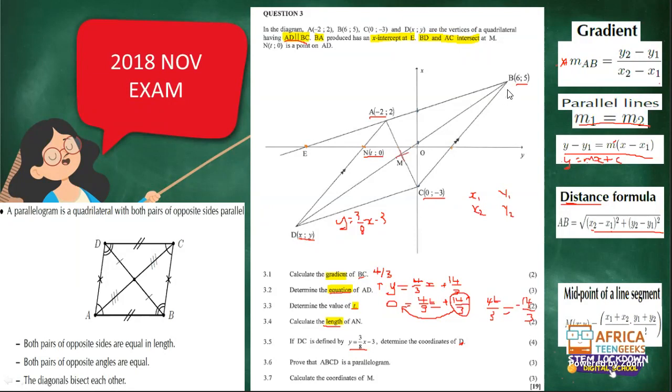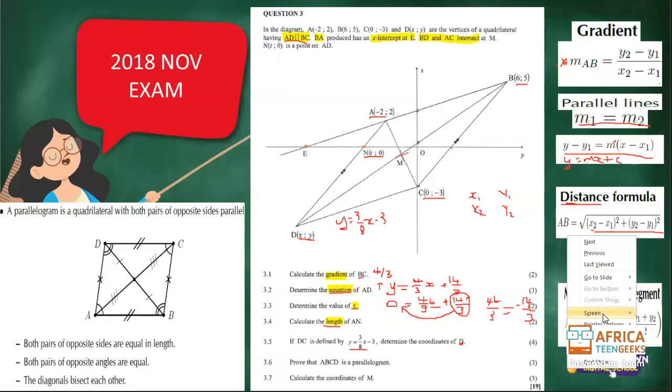Okay, so you would find the equation of BC and then equate it to this equation. Does it make sense? Then you can solve for x, and then the value of x that you get, you substitute back into your equation. Then you get the other value. Okay. So if you find your coordinates, let's see how they do it.